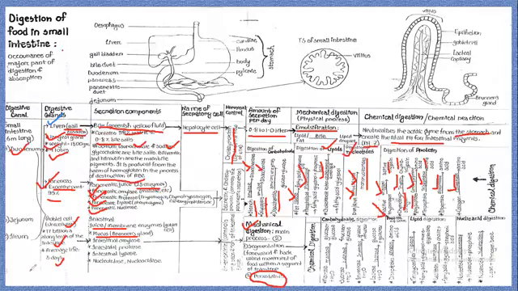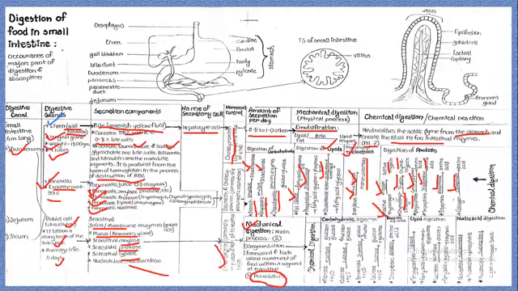Now there are again 4 kinds of intestinal enzymes: intestinal amylase, protease, lipase, nuclease. Okay, these are all intestinal enzymes. Now these are controlled by the enterokinase hormone.